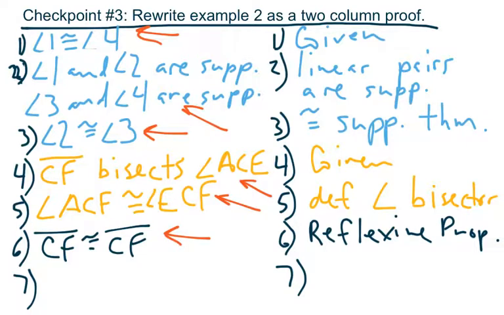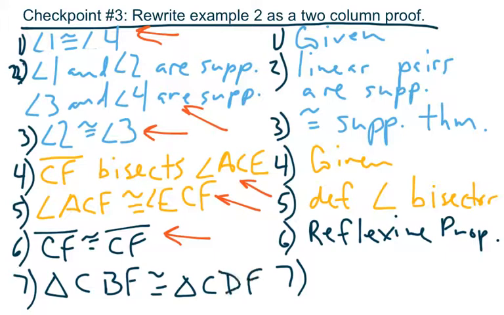That side is non-included, so we can come to the conclusion that triangle CBF is congruent to triangle CDF, and the reason is angle, angle, side. So this proof right here is the exact same thing that's above it in example 2. This is written as a 2-column. Example 2 is written as a flow proof.